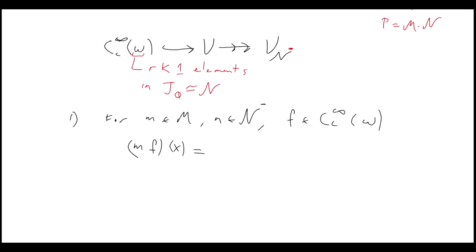This is essentially the geometric action. But in fact there is some character. This determinant is coming from the action of M on N. This one should be coming from the action on N minus, but I would want to double check that.